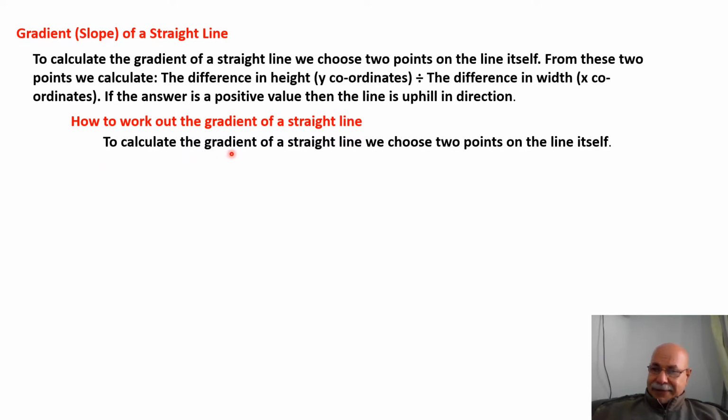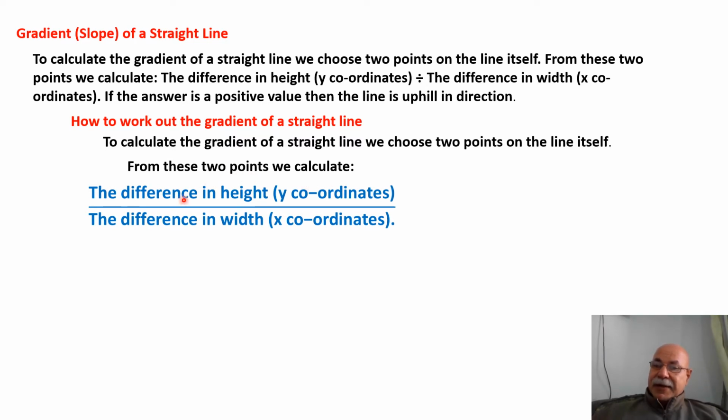To calculate the gradient, or slope, of the straight line, we choose two points on the line itself, on the same line. Then from these two points we calculate the difference in the height Y coordinate divided by the difference in the width X coordinate, the change in Y over the change in X.